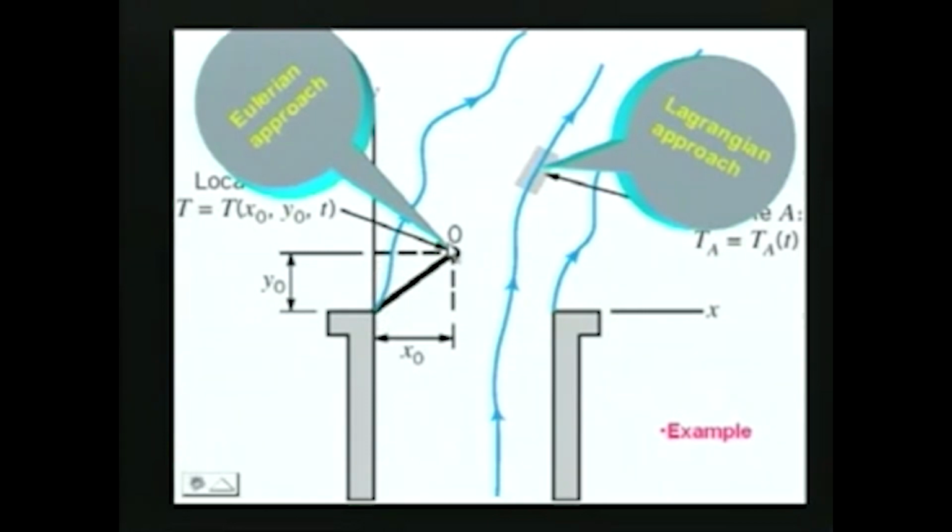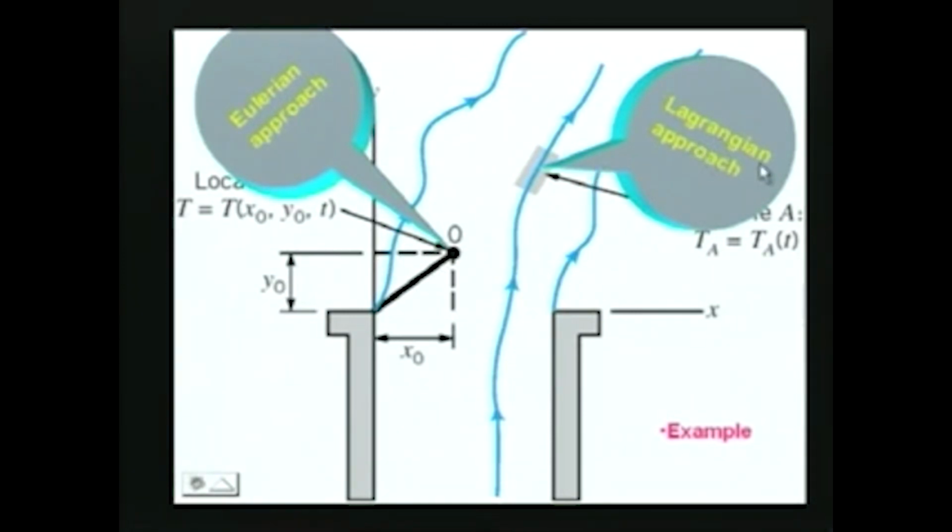In the Eulerian approach, we consider a particular point at a particular section, at a distance of x0 and y0, so the location is (x0, y0, t). What happens to the fluid flow at this particular point? That we will be studying in the Eulerian approach. So this will generally be with respect to time, how the fluid is behaving.